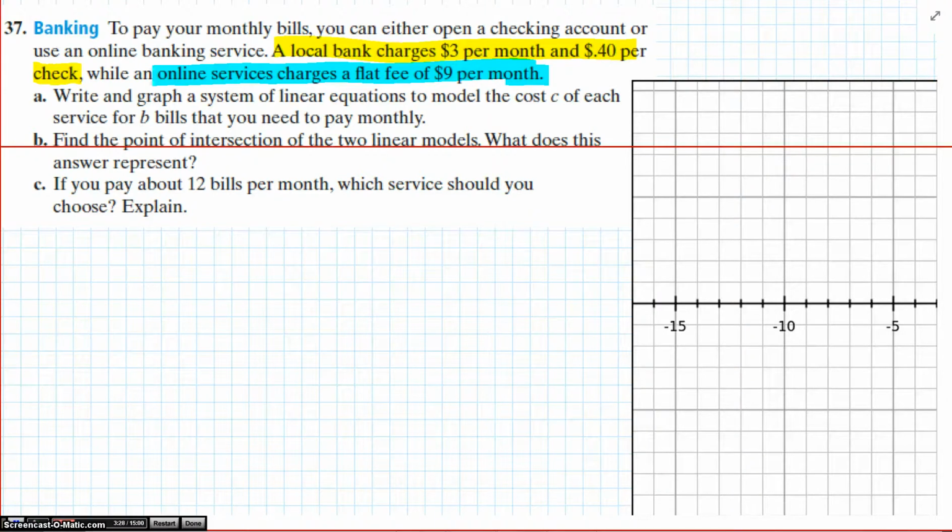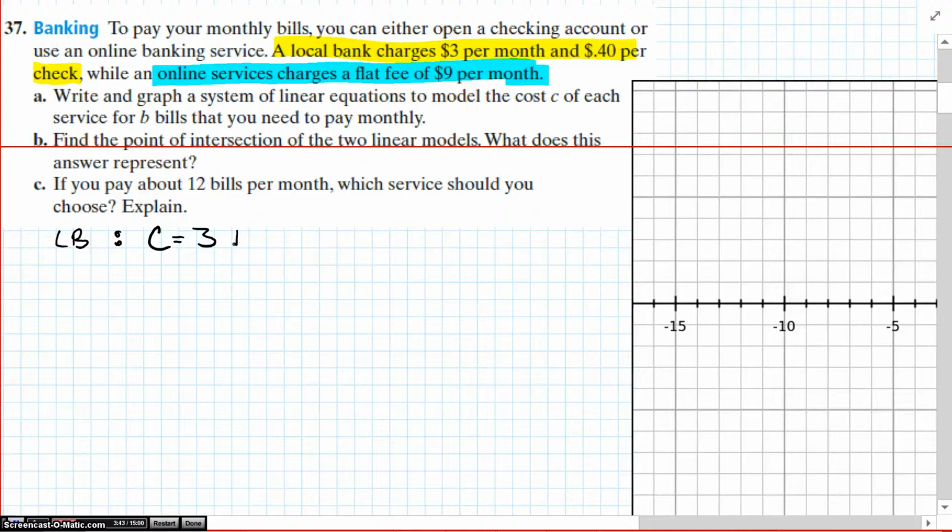Okay. So for the local bank, our cost is going to be equal to $3 per month, and 40 cents per check, or per bill.